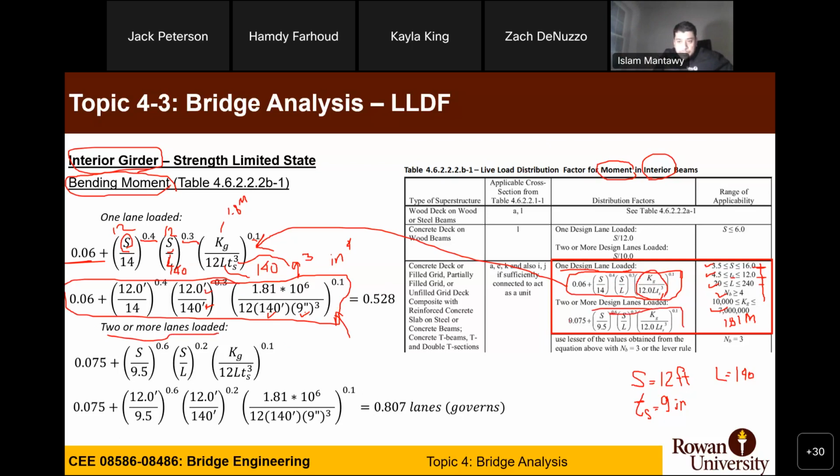The only difference is the constant, 14 becomes 9.5, and the powers will be 0.6 and 0.2, correct? In this case, for 1 lane loaded you get 0.528 and for 2 lanes loaded 0.807. Which one governs? The 2 lanes.